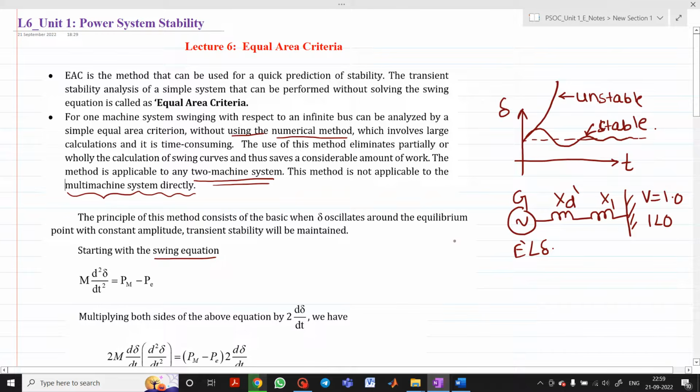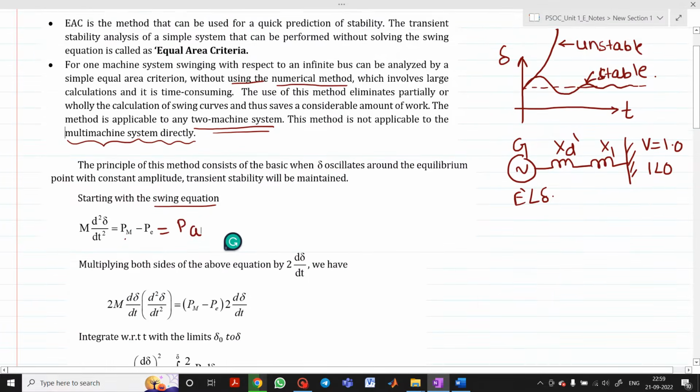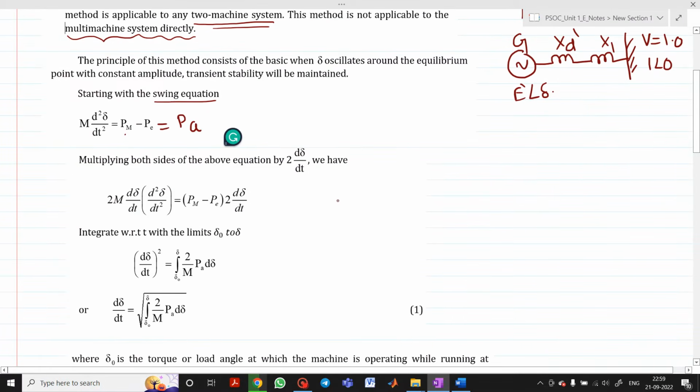Now what is the swing equation? M d square delta upon dt square equals Pm minus Pe. We can write it as equal to Pa. Now what we have to do is multiply both sides by the term 2 d delta by dt. So what will you get? 2 M d square delta upon dt square as it is, on the left hand side multiplied by d delta by dt.